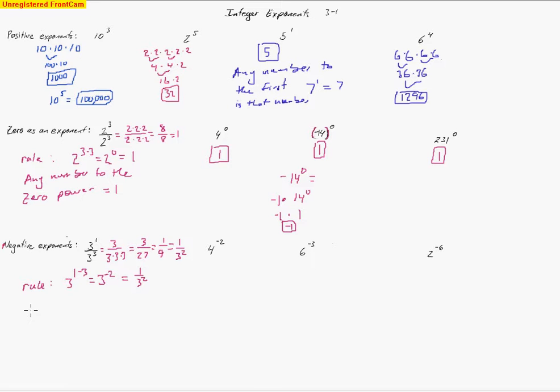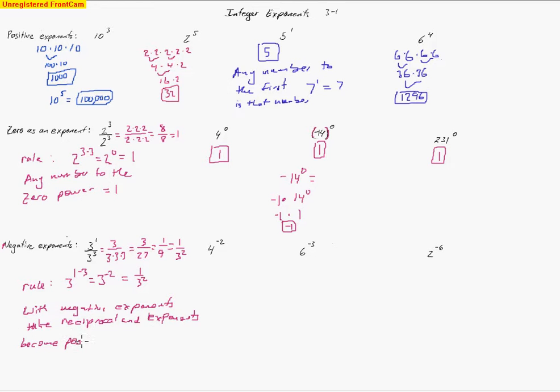So the rule is, with negative exponents, take the reciprocal and the exponents become positive.